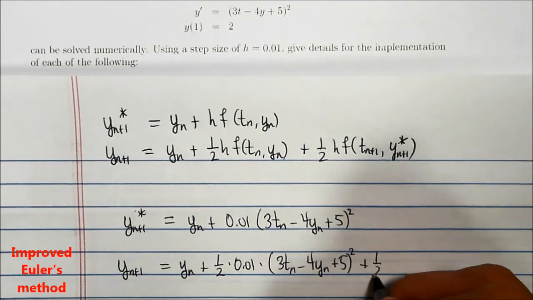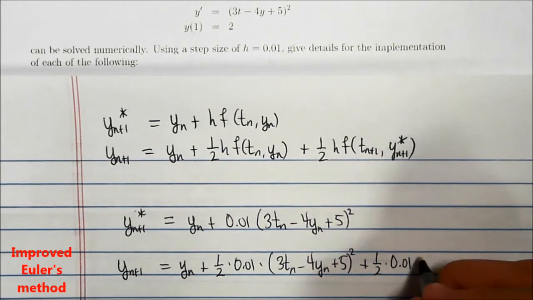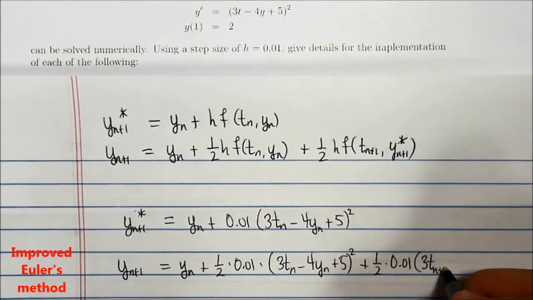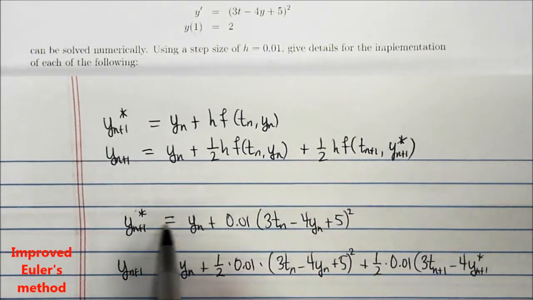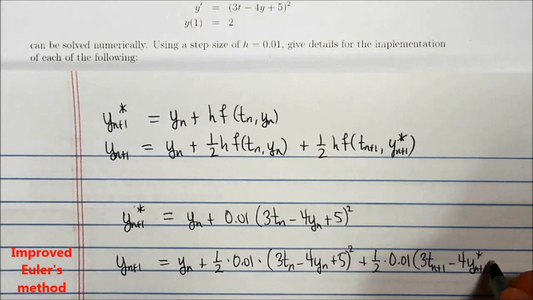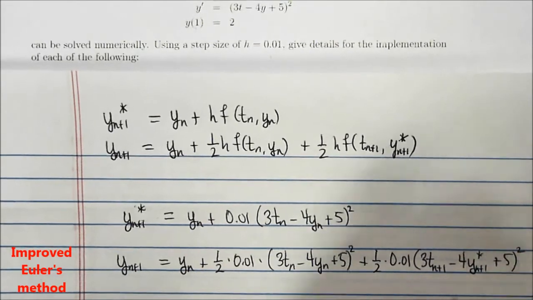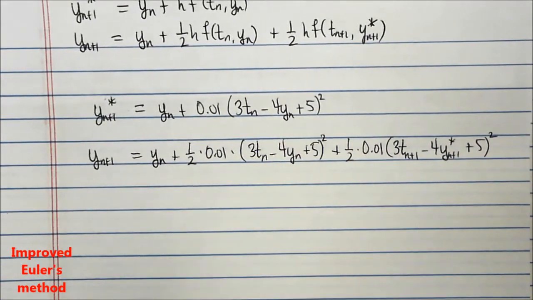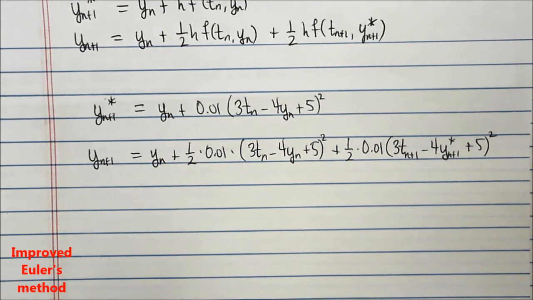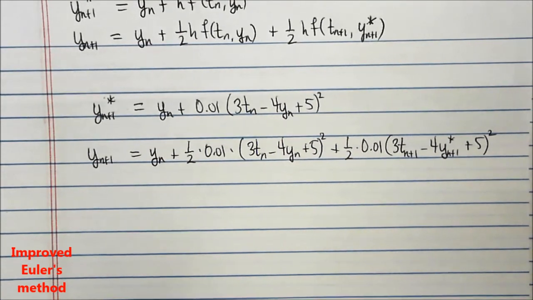Then the second part, 1/2 times 0.01, 3t sub n plus 1, minus 4 times the thing that I found on the previous step, plus 5 squared. And so that would be how we would solve this initial value problem using the predictor corrector method and improved Euler's method.